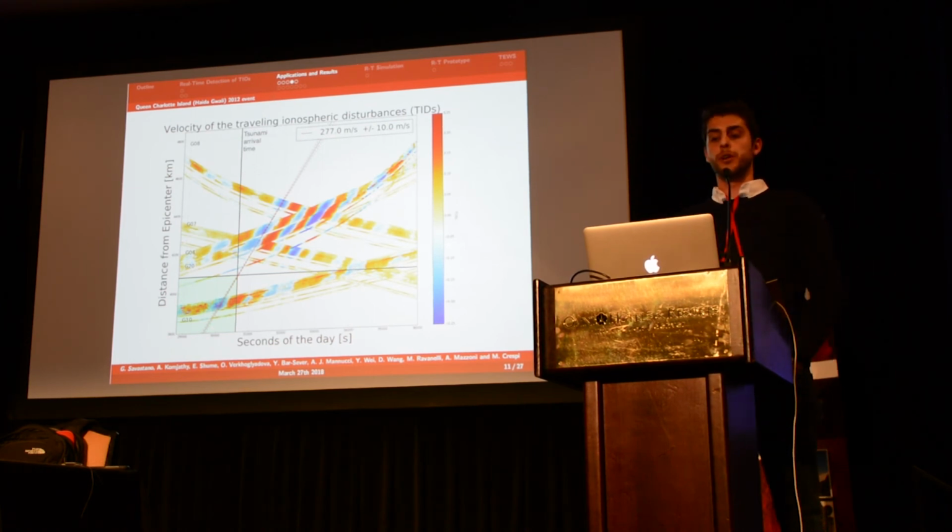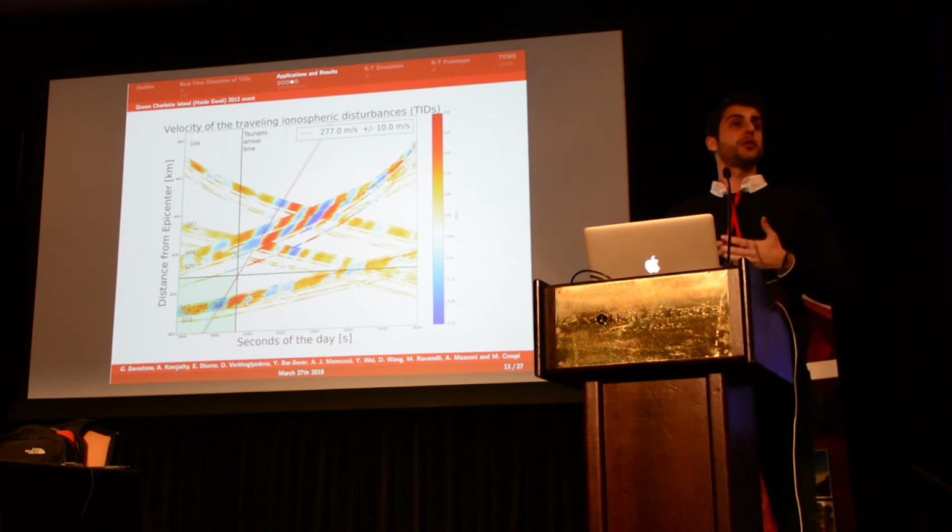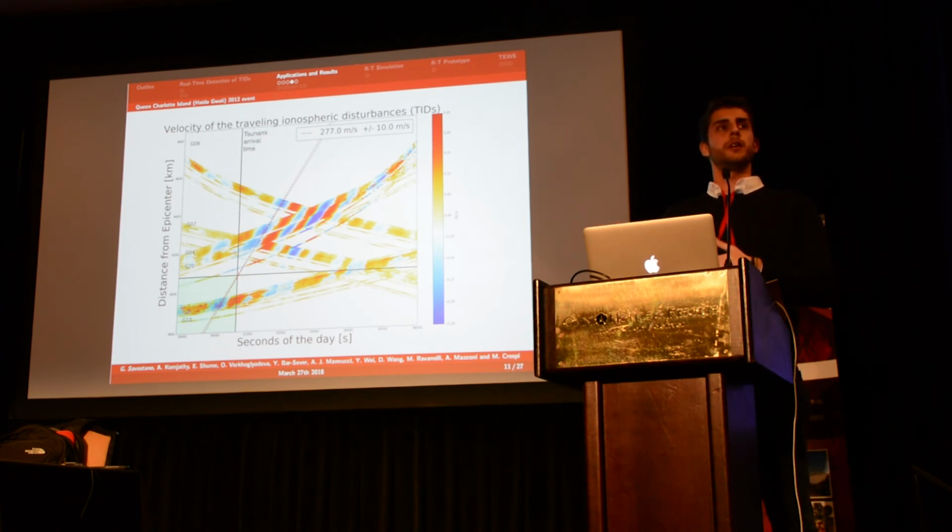We know what kind of velocity we expect, since our wave is driven by the tsunami. We know what velocity the tsunami is moving because it's mainly driven by the bathymetry. So we expect more or less the same horizontal velocity for this gravity wave, for this TID. So the way is to estimate the propagation and the direction of the propagation of these waves.